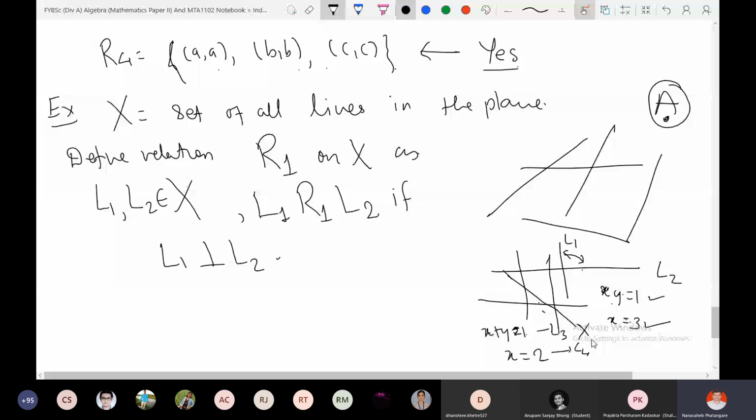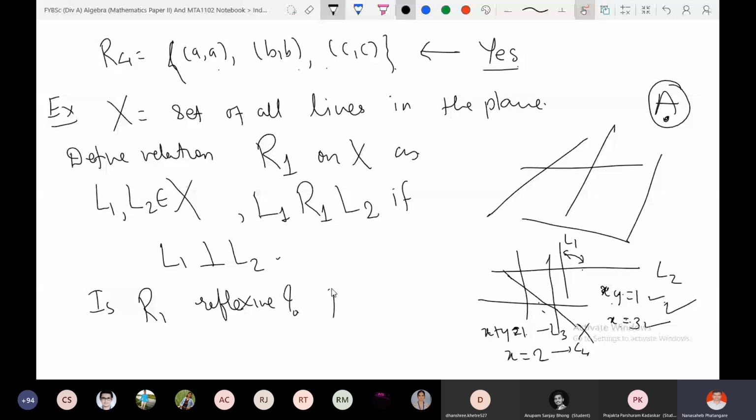Now you can understand. Is this relation reflexive? No, sir. So this relation is not reflexive. Why? Because you choose any line L1, you cannot say that the line is perpendicular to itself.